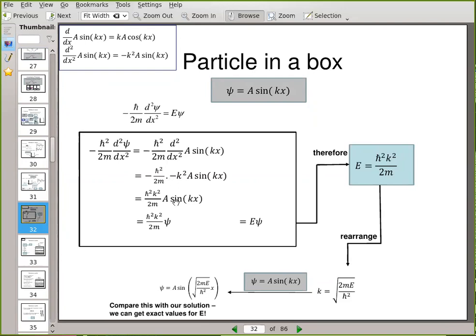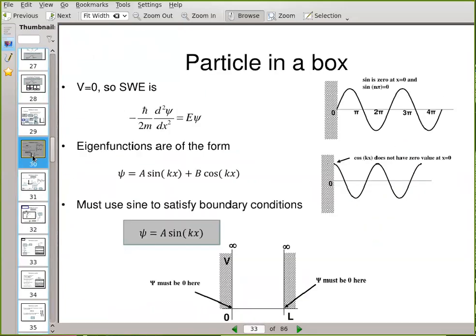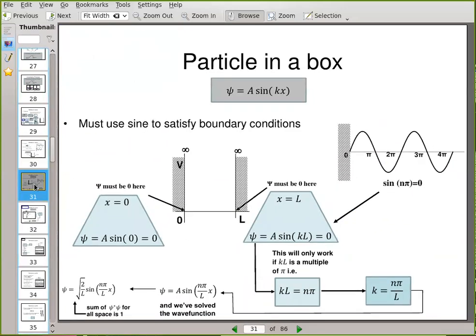Okay, thank you. What is the purpose of n times pi over L? That's a very good question. Let's go back. Over here, n pi over L is a requirement if we want to make a sine function go to 0 at L. Imagine you've got sine kx, and L is 5 angstroms.